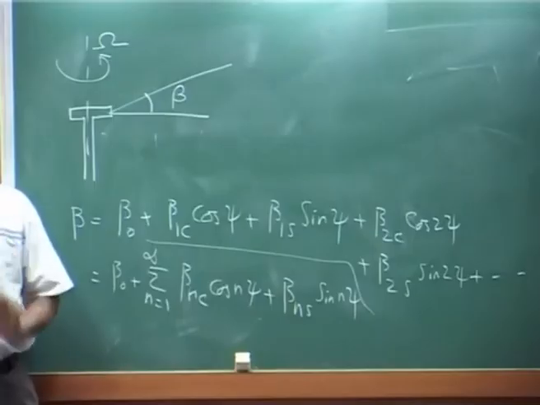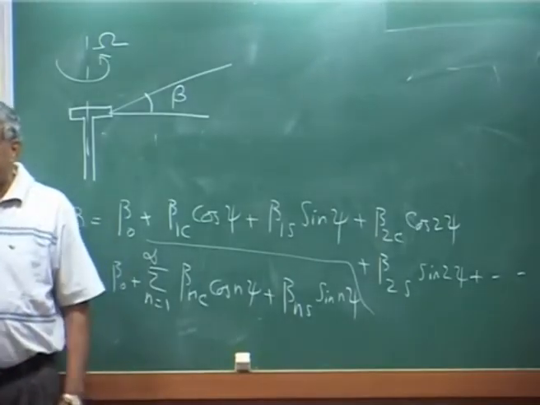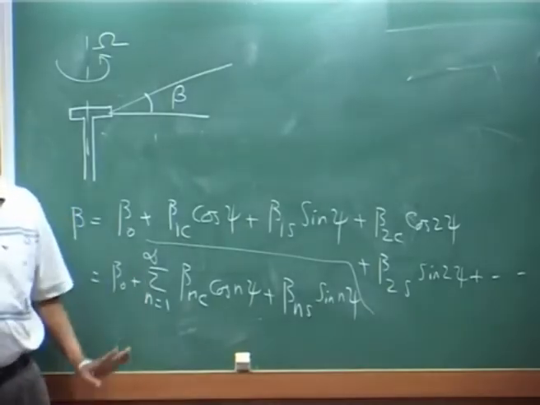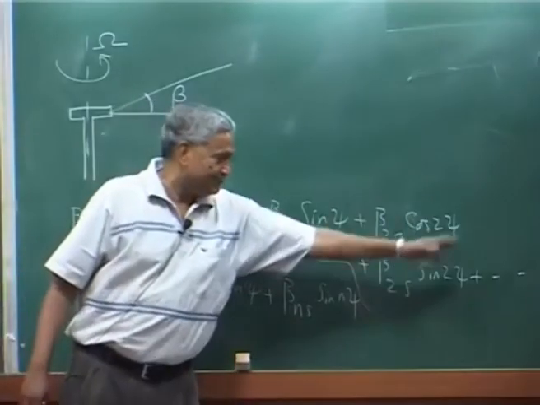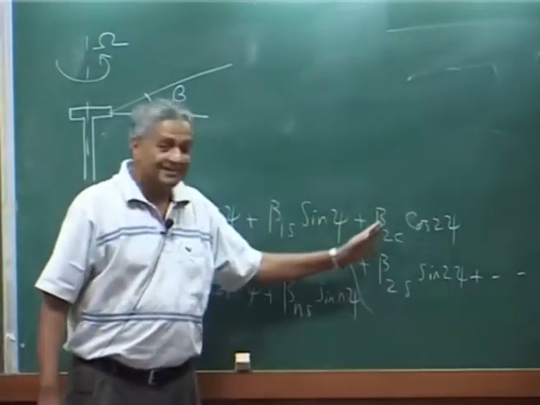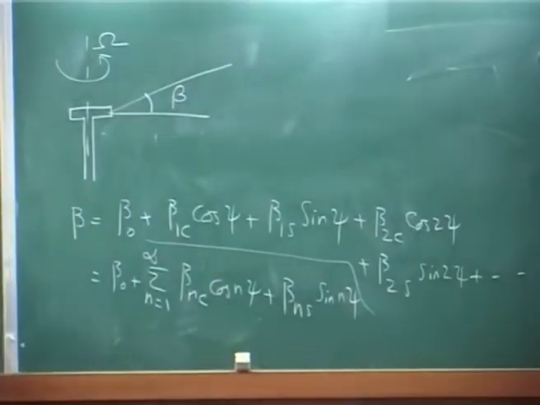But what we will do in this course is, we will say we are not going to be bothered about all this second harmonic onwards. But please, I would like to caution you, second harmonic is important when you go to slightly high speed.